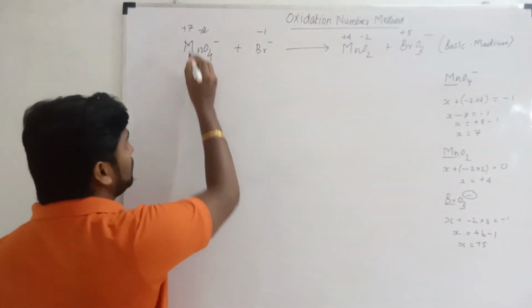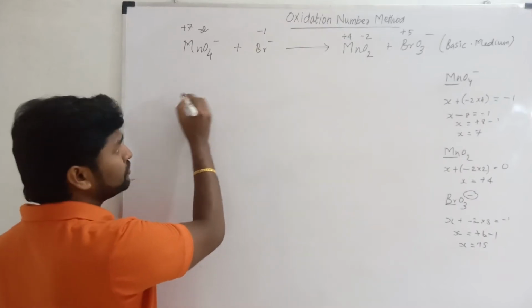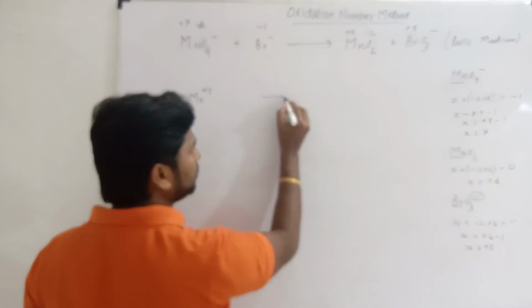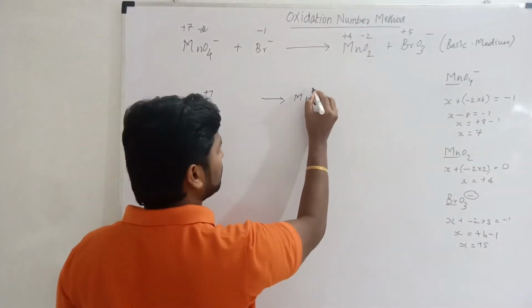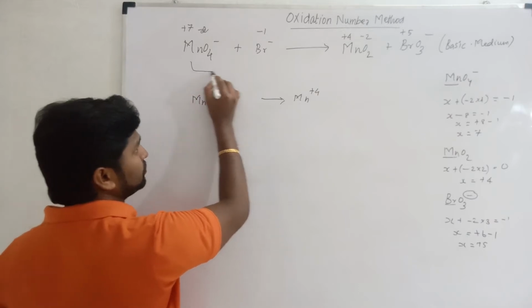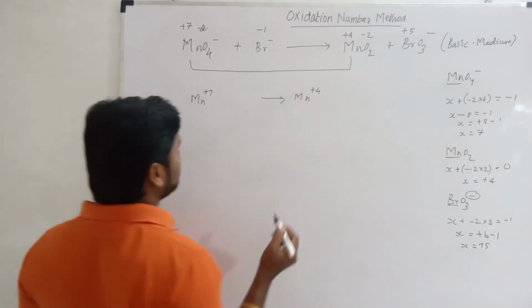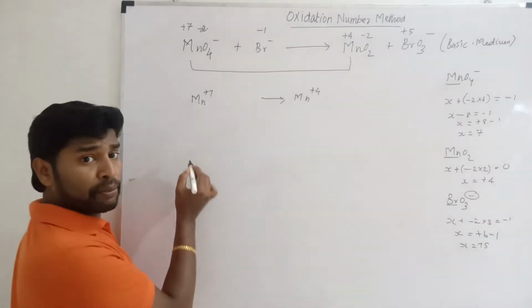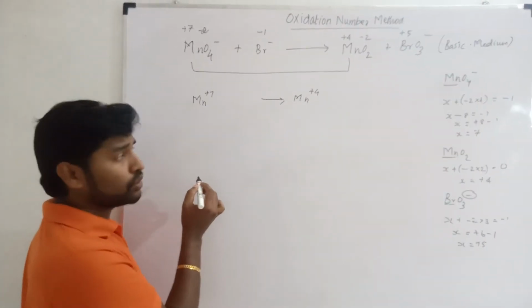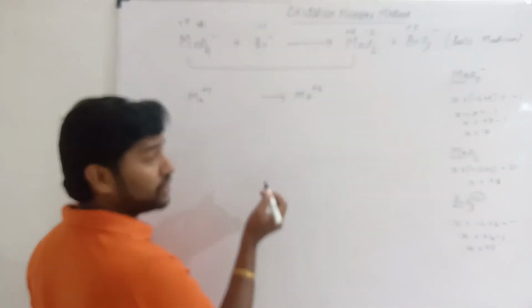Mn +7 is converting into Mn +4. What is meant by Mn +7? Mn has lost 7 electrons.